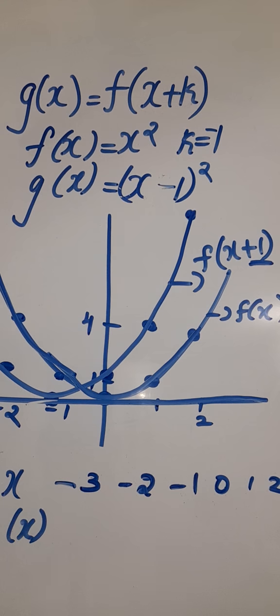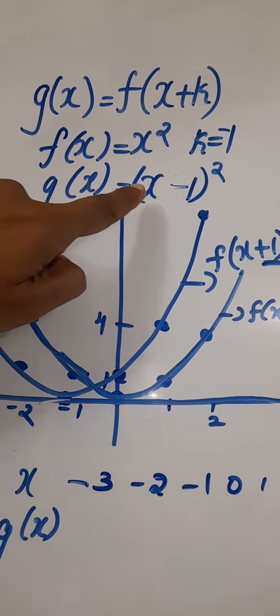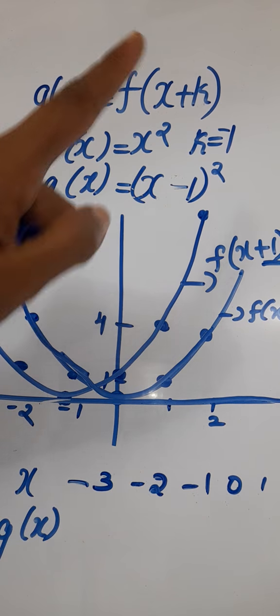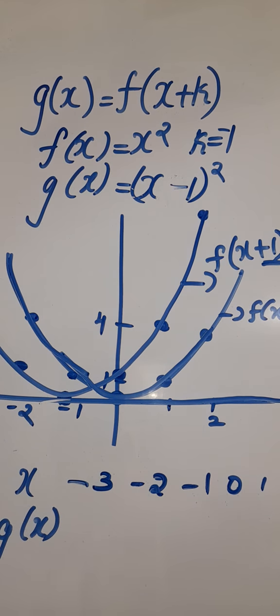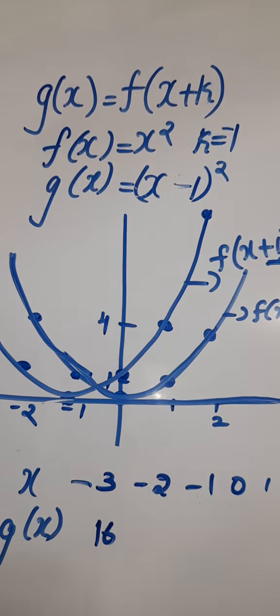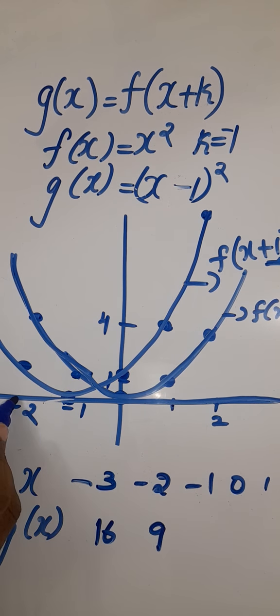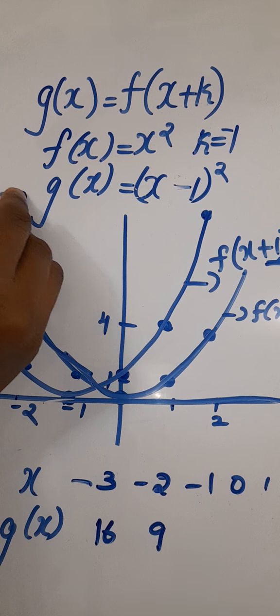Now when x is equal to -3, g of x becomes -3 minus 1 which is -4, -4 square which is 16. So when it is -3, we get it to be equal to 16 somewhere on top. For -2, -2 minus 1, -3, -3 square 9. So for -2 we get it to be equal to 9.